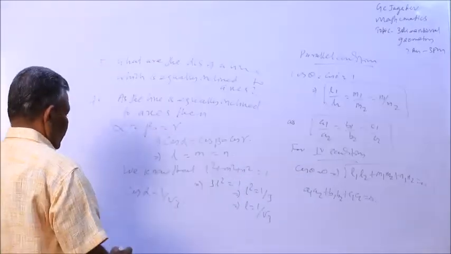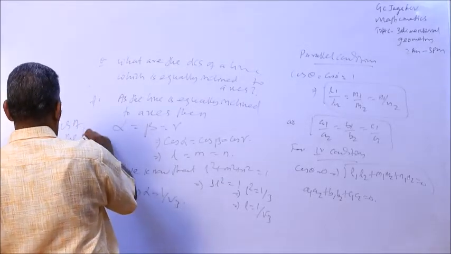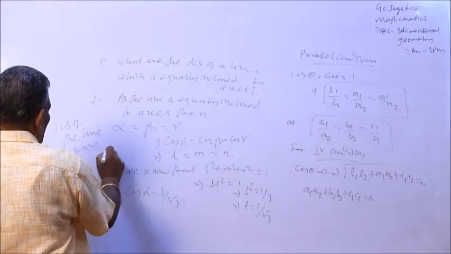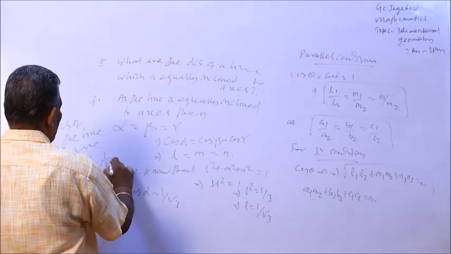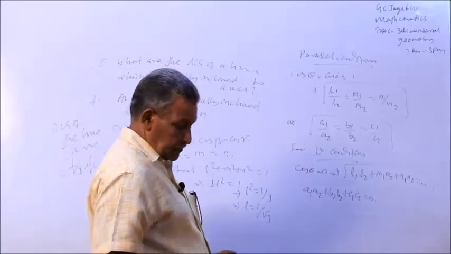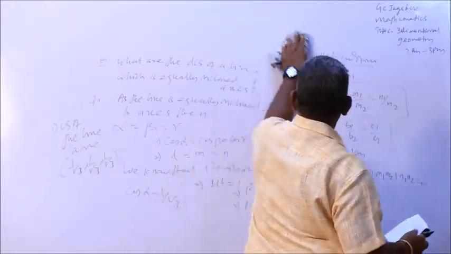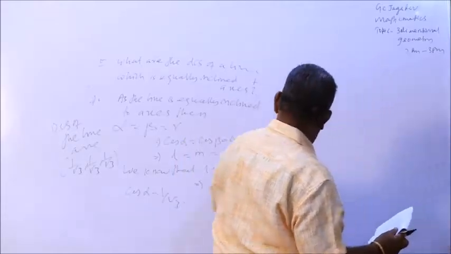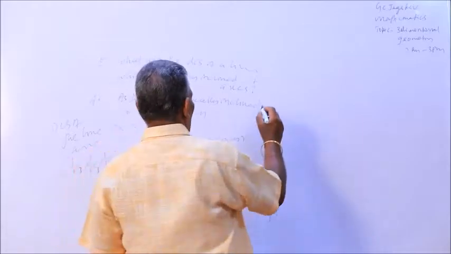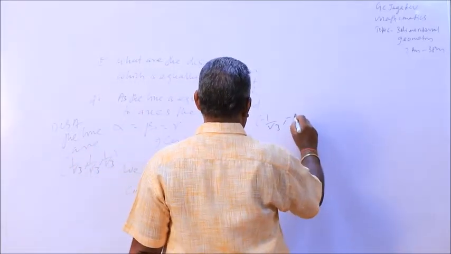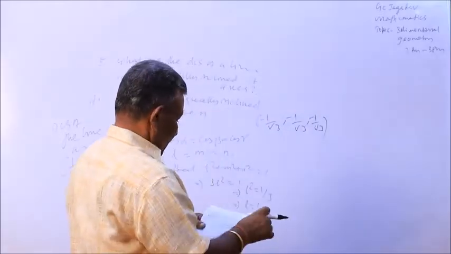So DCS of the line are 1 by root 3, 1 by root 3 and 1 by root 3. Or we can take also minus 1 by root 3, minus 1 by root 3, minus 1 by root 3, like this.